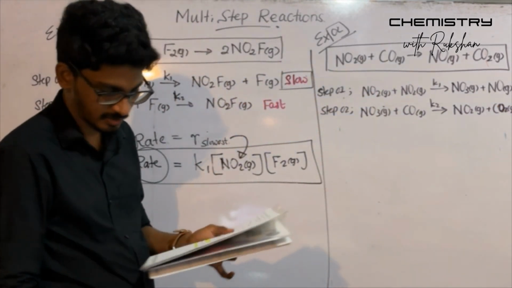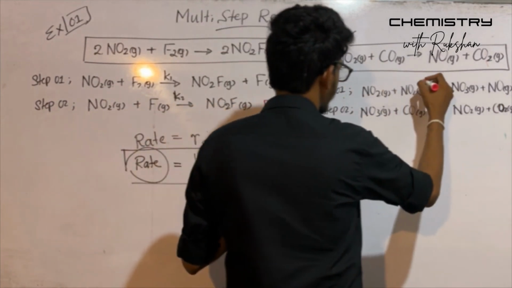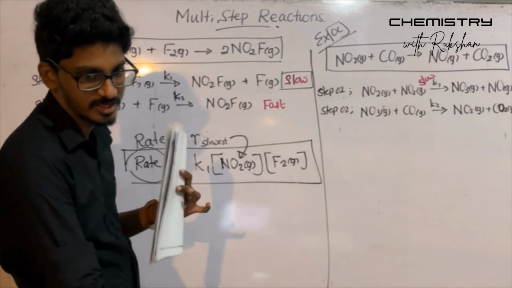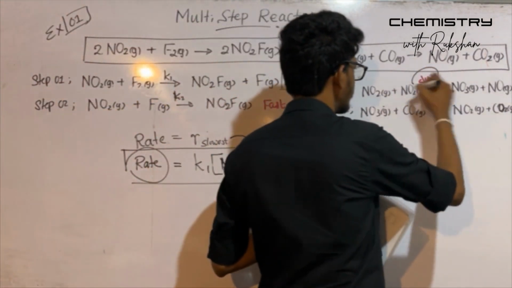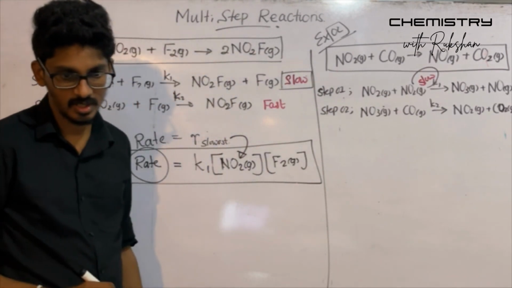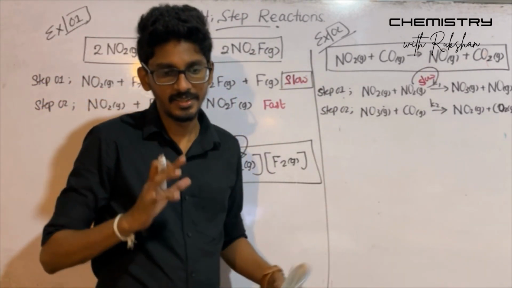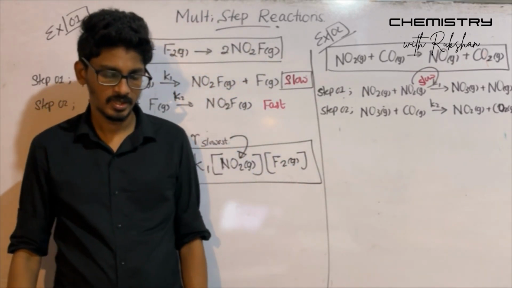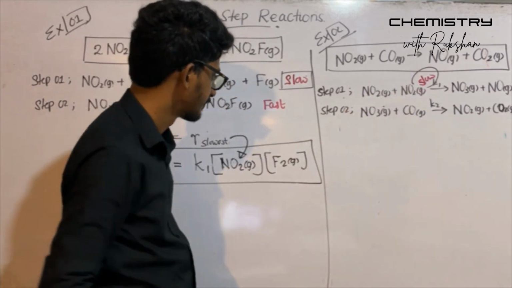And they are mentioning this one as the slow step and the other one as fast. I just mentioned the slow step, that is what we need. Then let's try to come up with the rate law with the use of this mechanism.